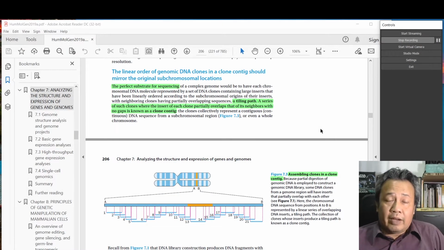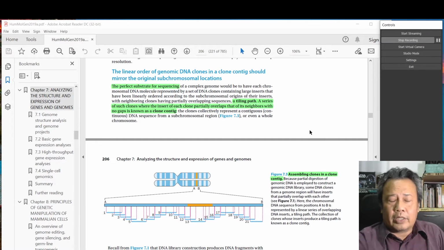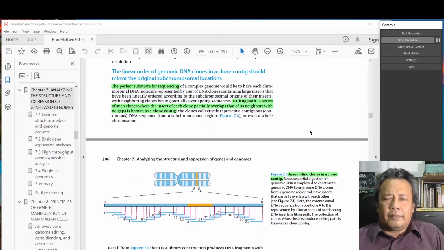Once you have these markers on the chromosomes, you can look at figure 7.3. It says assembling clones in a clone contig. Remember earlier on we said that fragments of DNA are being chopped.